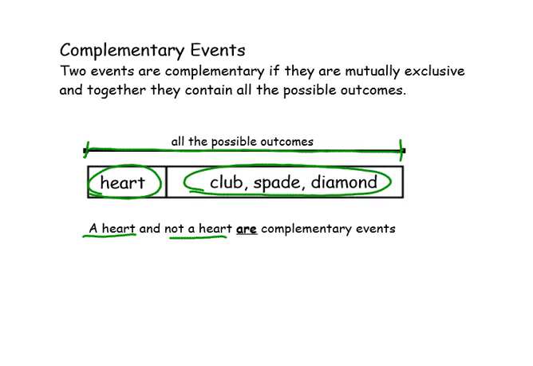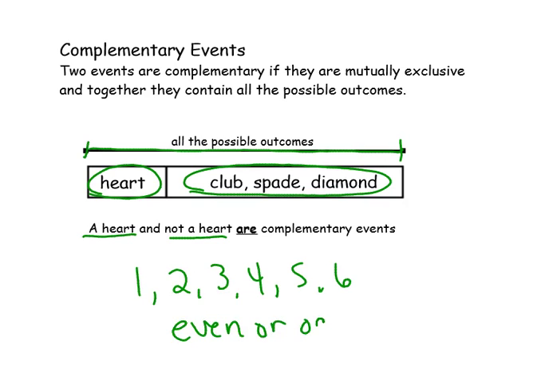You might also say, for a die that has the numbers 1, 2, 3, 4, 5, and 6 on it, if I say an even or an odd, are those complementary events? Well, the first thing we have to know is, are they mutually exclusive? Can you roll a number that's both even and odd?